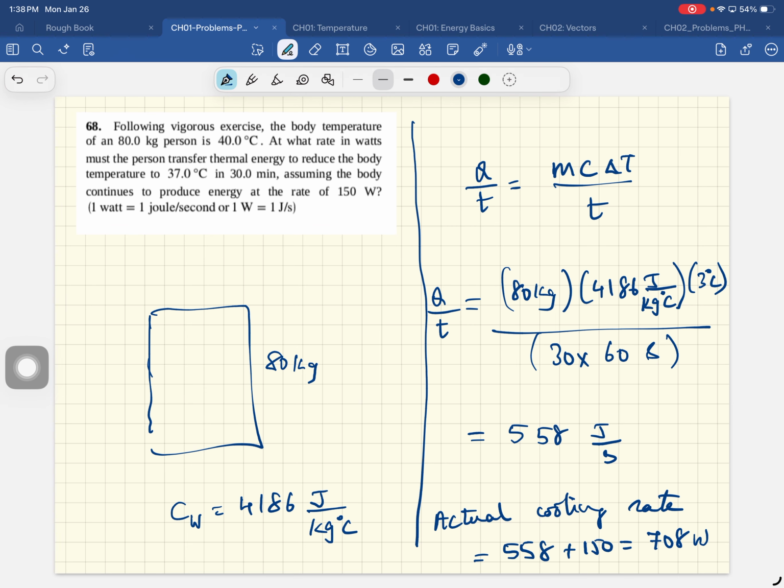Okay. So let's look up the specific heat. Specific heat for steel is 448 joules per kg per degree. What is the mass of steel? 0.385 kg.